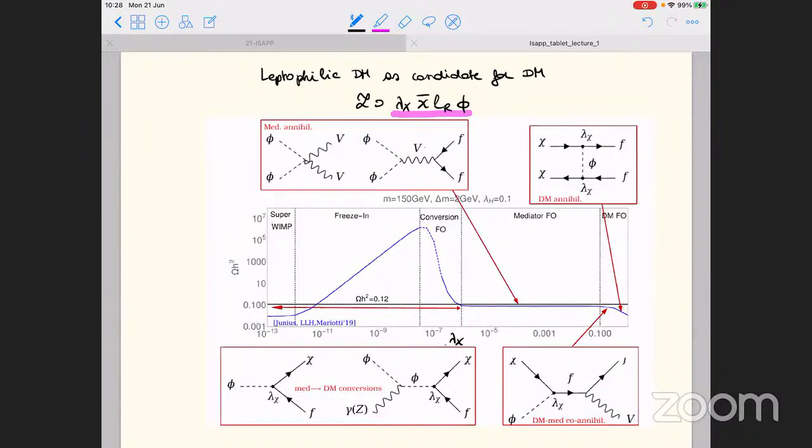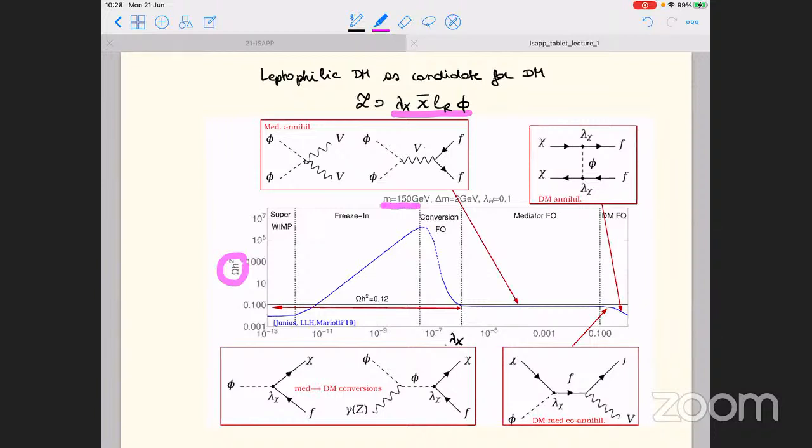So in this context, I look at the relic abundance of the dark matter here on the y-axis, and I need to fix some parameters in order to look at this relic abundance as a function of a parameter.